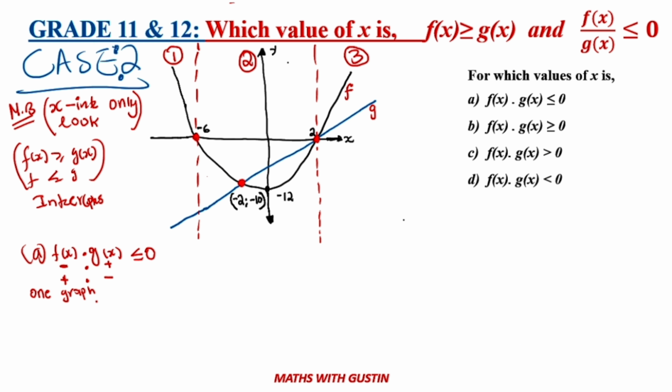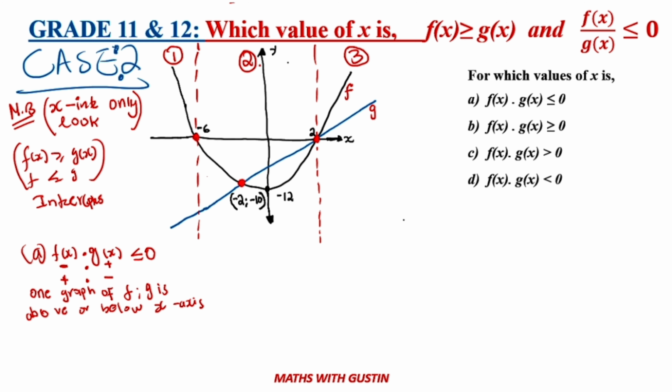One graph, it could be either f of x or g of x, is above or below the x-axis. I think it's clear. Very clear.